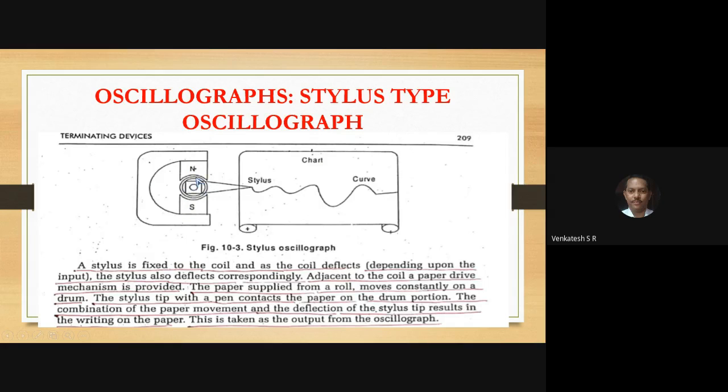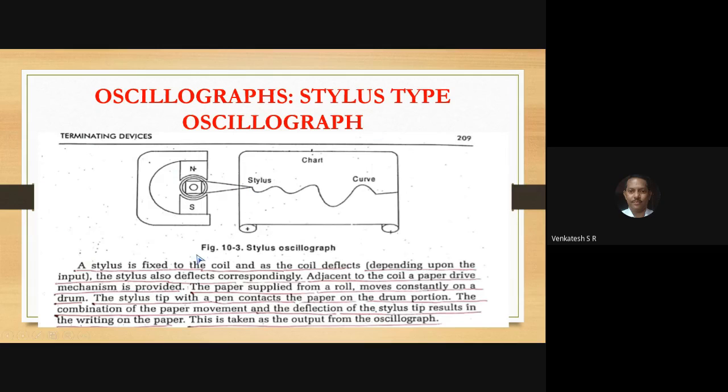In between the North Pole and South Pole, there will be a coil which has copper windings. In the center, there will be a stylus. There will be a provision where you can fix a pencil or paper in the stylus.